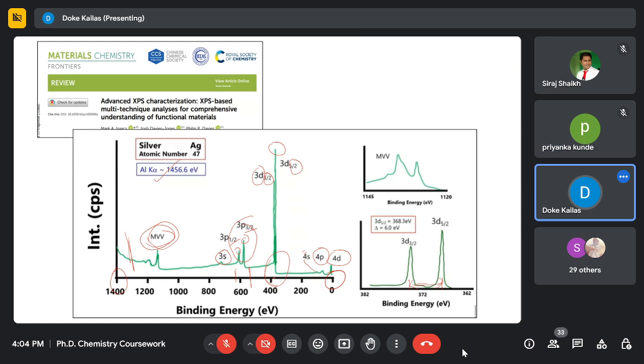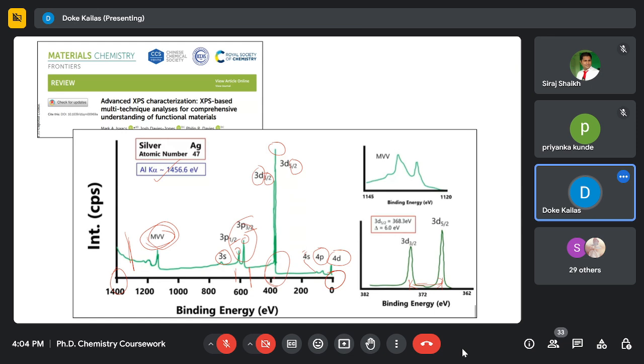Next, what about the 3/2 and 1/2 and 7/2 and 5/2, 5 by 2 and 3 by 2? So you might be aware of the LS coupling or spin orbit coupling or spin orbit splitting. This is a common terminology which is used in other types of spectroscopy.